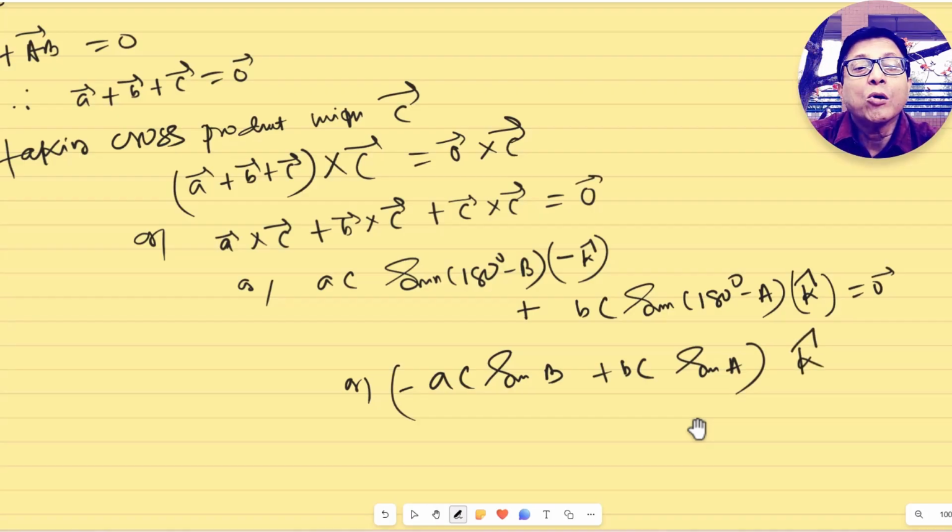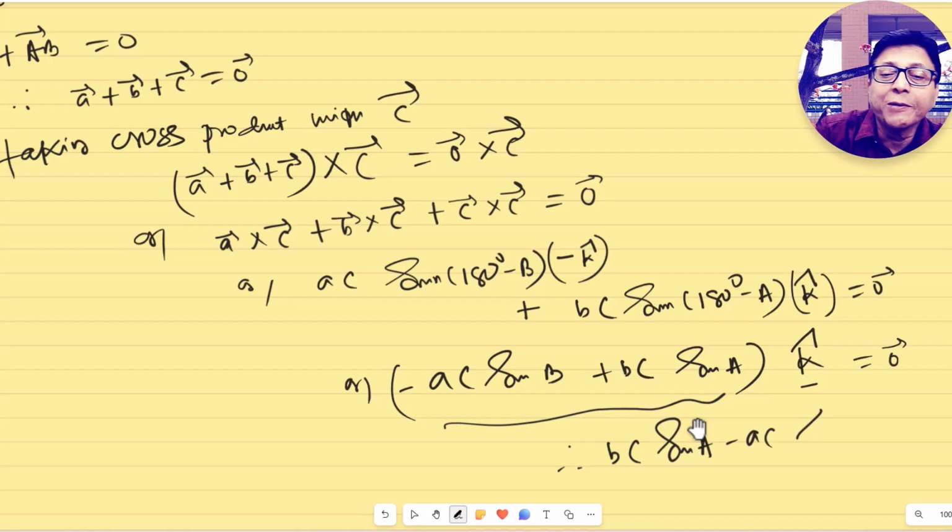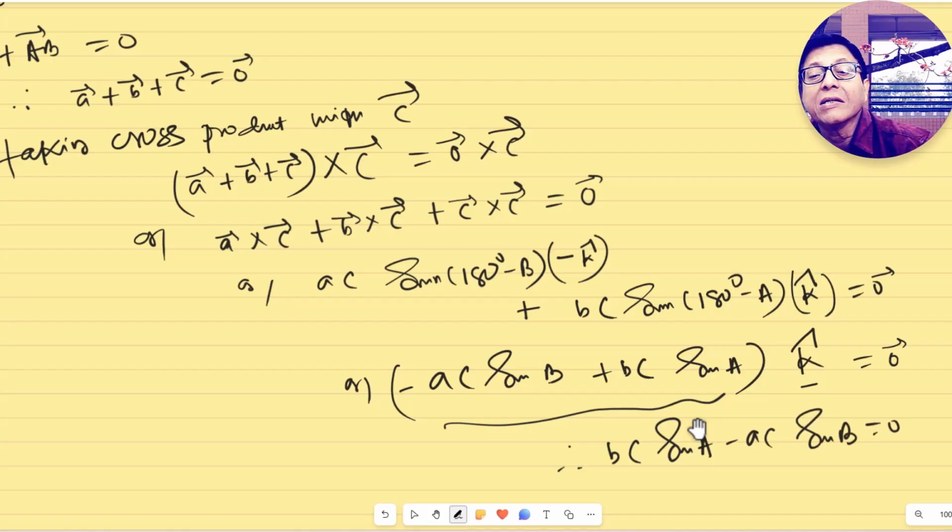Why? Because if you curl the finger from B directed this way, B to C, it is coming perpendicular to the plane of paper towards me. But in that case, A cross C is going away from me into the plane of paper, that's why I have taken minus.